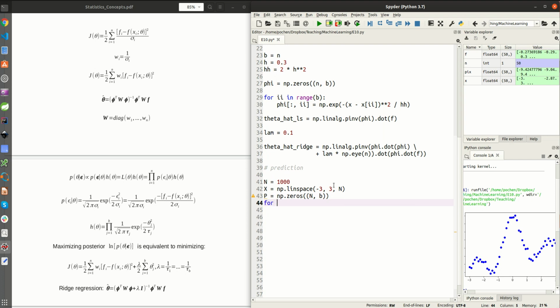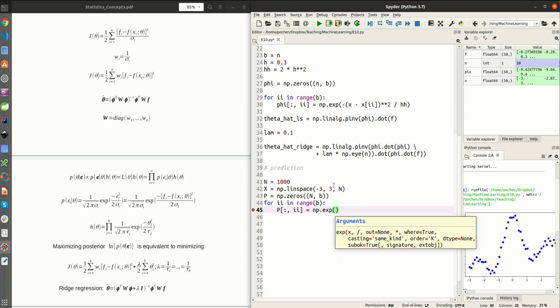And then we have to do a loop. No, let's not use phi. Let's use capital P, right? P. It's gonna be np.exp, right? So now it's not a small x, it's capital X. Subtract what?